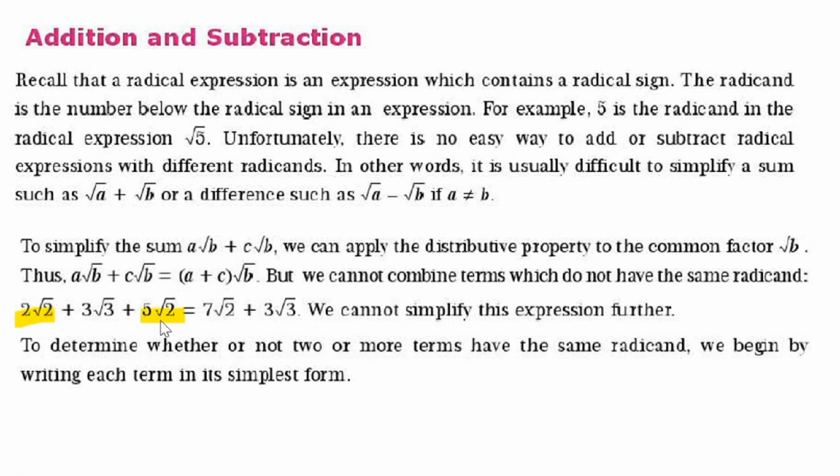Take note, in adding, we only add their coefficients, but not the radicand. So we have 2 square root of 2 plus 5 square root of 2, whose sum is 7 square root of 2. We copy the common radicand. We only add their coefficients.